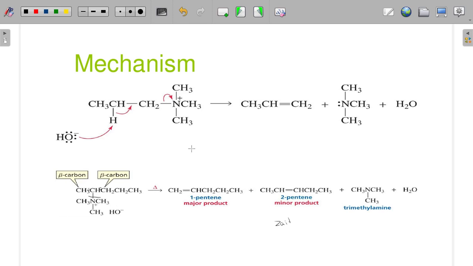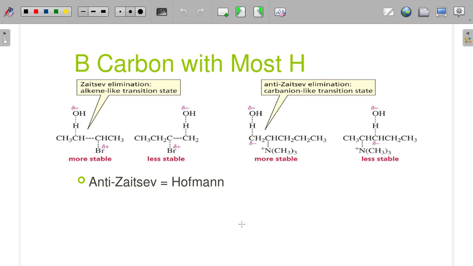And we actually will see this called the Hofmann product. So Zaitsev is typically the double bond with the fewest hydrogens off of it. Hofmann is always the one with the most hydrogens off of it. Okay, and the biggest reason is that it's just a little bit more stable when we put our charges out there.